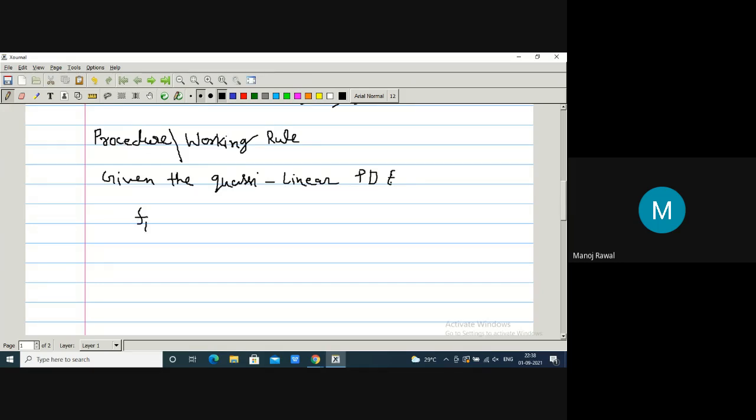Something like f1 u_x plus f2 u_y is equal to the right hand side. I'm calling it h. In some books, on the right hand side they use two terms, define them in terms of p, q, and then write r plus s. But the right hand side I am denoting with h.